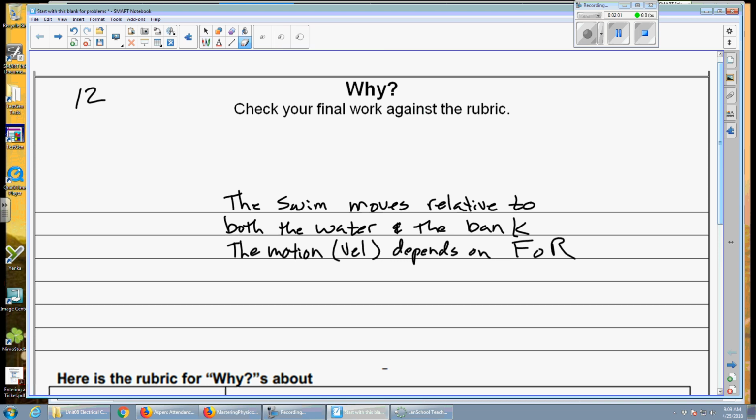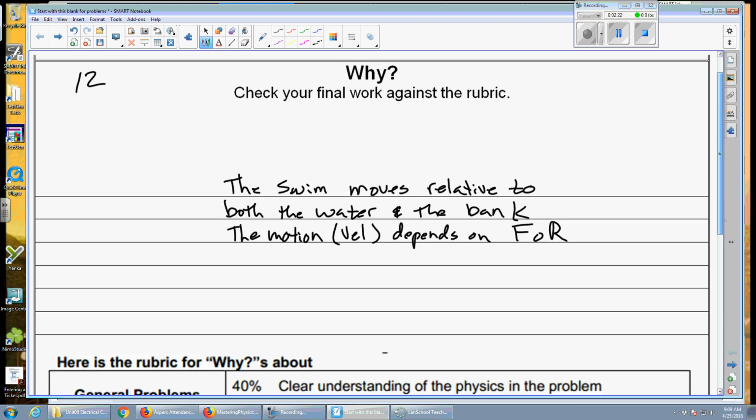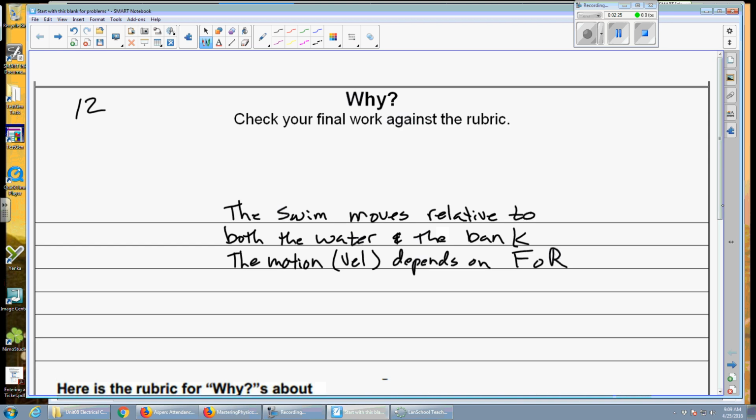That's the big overarching concept here. If you're in the frame of reference of the bank, you're going to see the swimmer moving at one speed and in a certain direction. But if you're the water, you're going to see him move at a different speed and in a different direction completely. All right. And I'll put my little diagram up here.